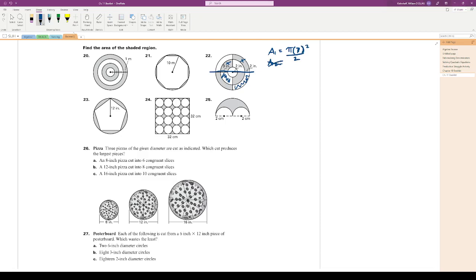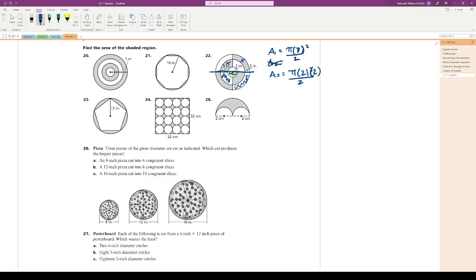And now the only thing that's left in the shaded that I don't want is this semicircle in the middle. So that's going to be the part I take away as A2. And that's going to be half of pi times 2 squared, because it's a semicircle with a radius of 2.